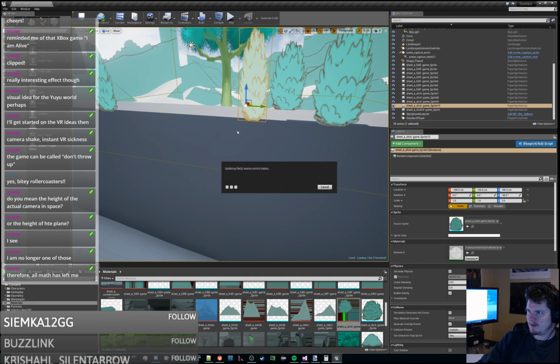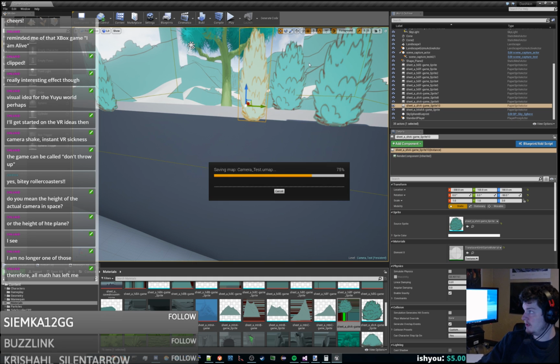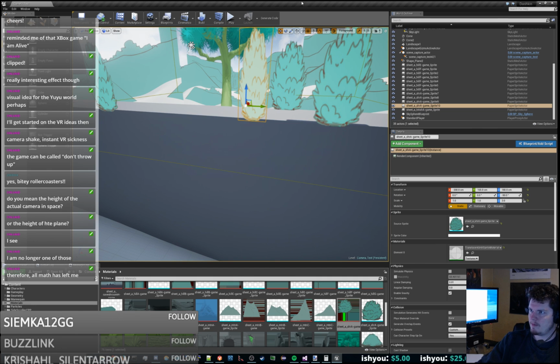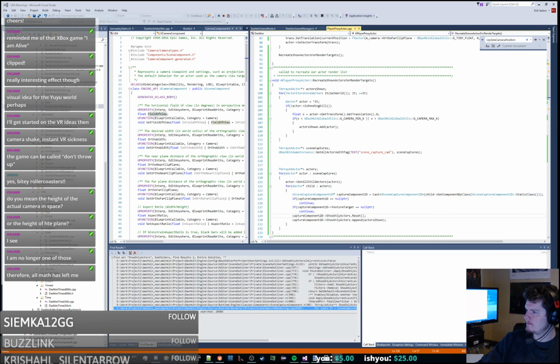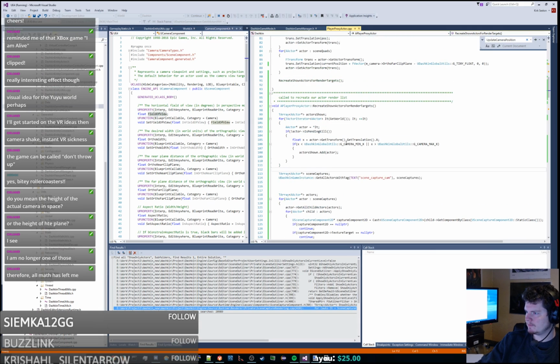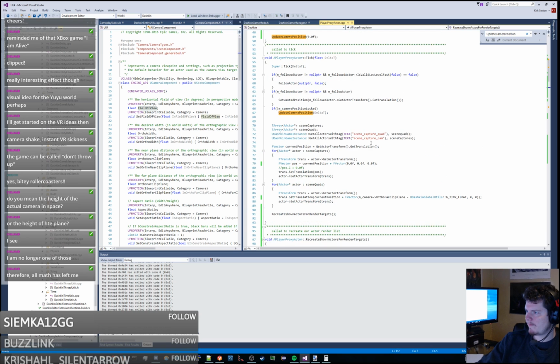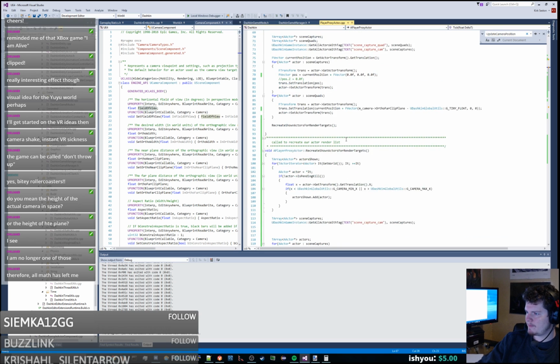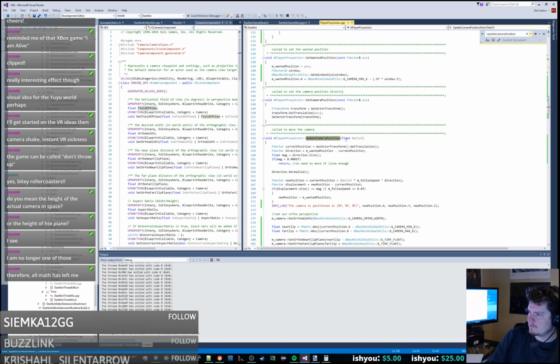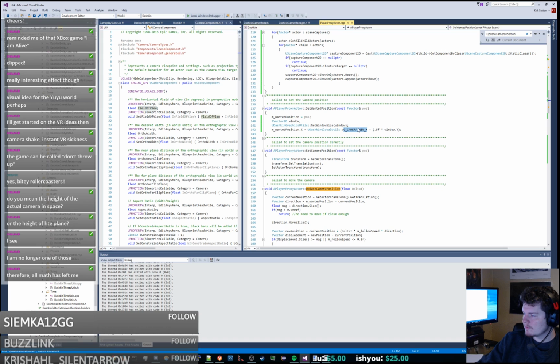So we should actually be like multiplying our vector by 100. And that's going to be this value right here multiplied by 100. Not the entire value.